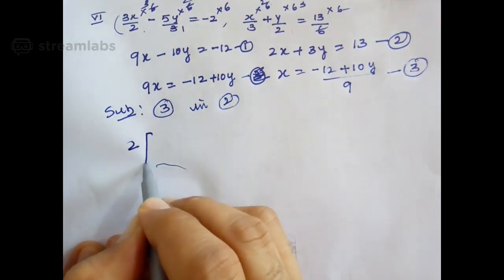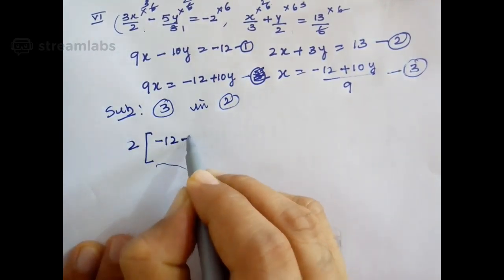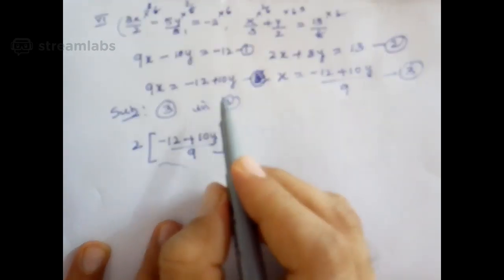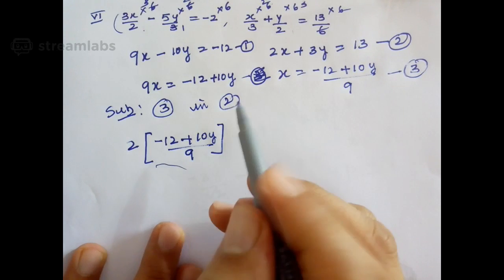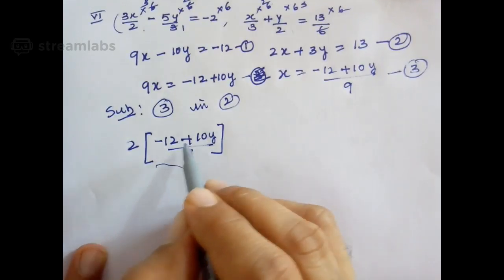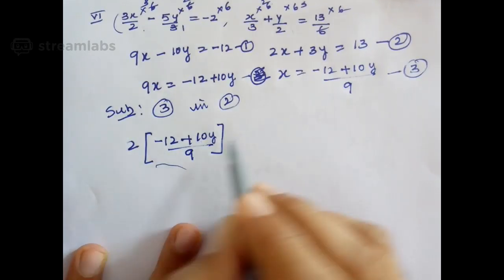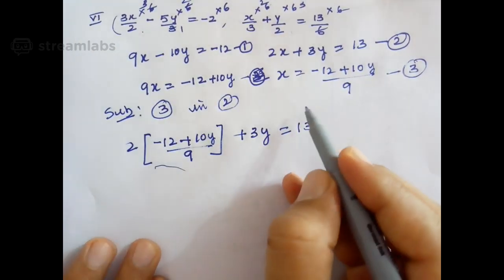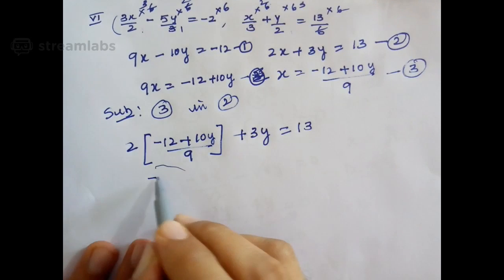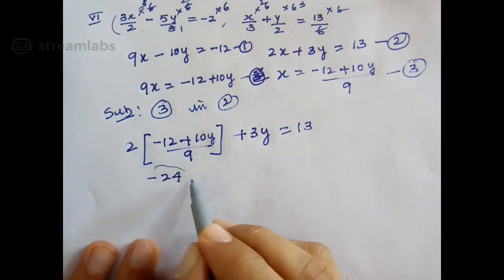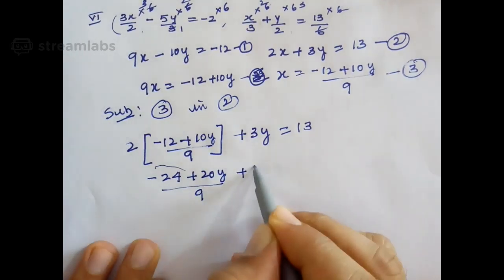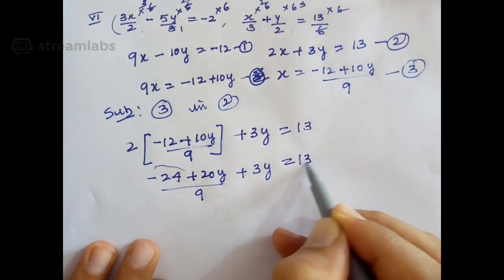Now substitute 3 into 2, that is 2 into minus 12 plus 10y by 9, plus 3y is equal to 13. That is multiplied 2 inside: minus 24, 2 tens are plus 20y by 9 plus 3y is equal to 13.